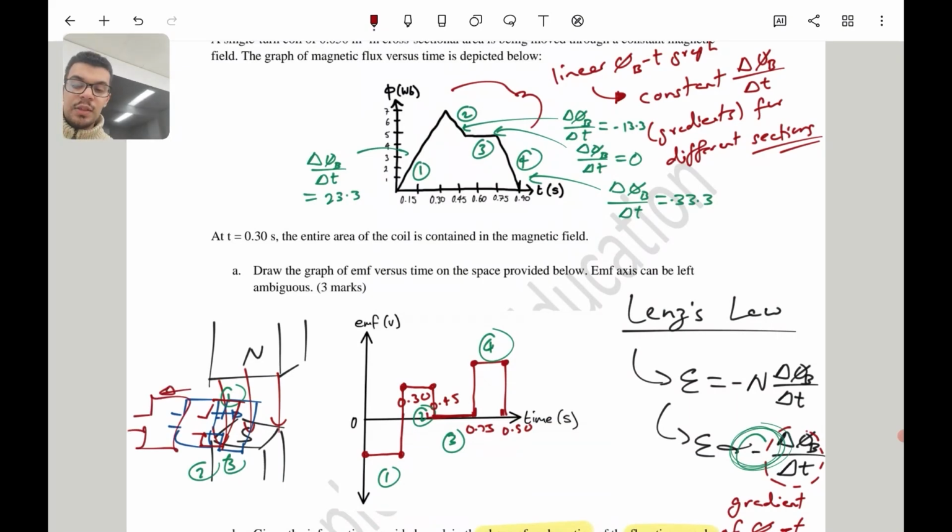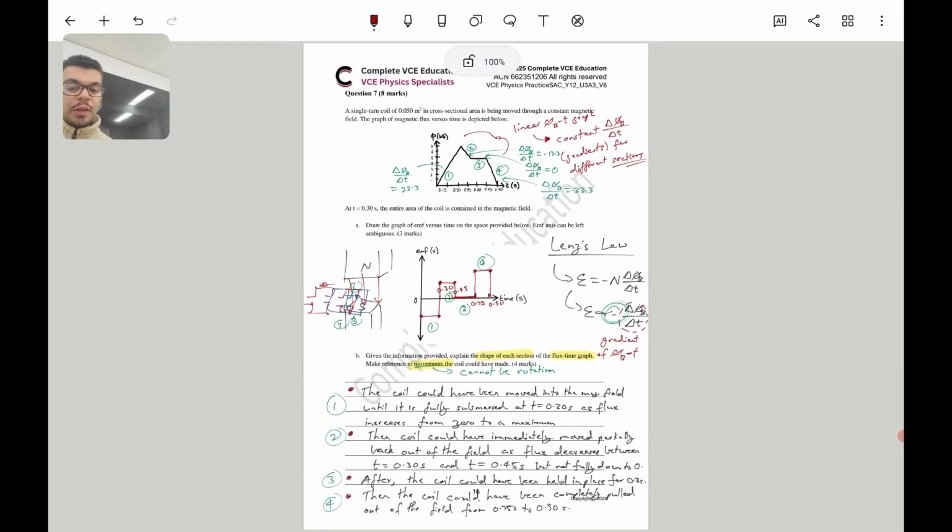Now there would have been multiple different correct answers that you could have given for this question. We don't need to change the magnetic flux just through the entry of the coil into and out of the magnetic field. You could have also changed the magnetic field strength itself.